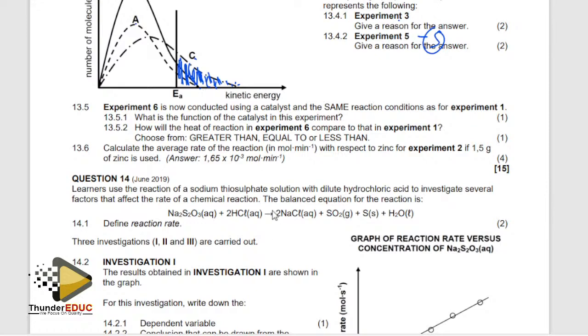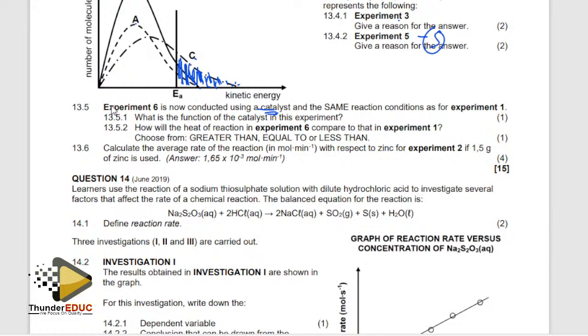Now you go to the next question. What are they saying? Experiment 6 is now conducted using the catalyst. Catalyst, remember, it speeds up the rate of reaction. They're saying the same condition as for experiment 1.